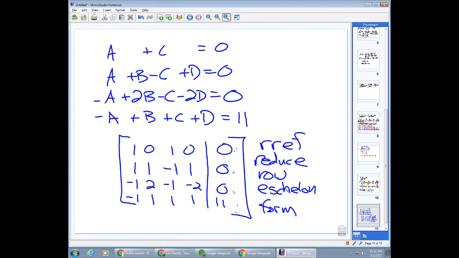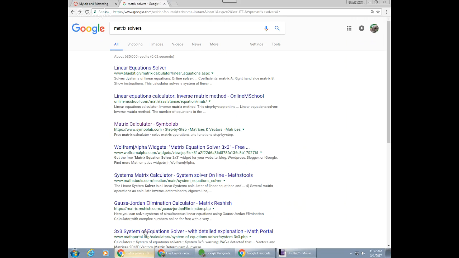And then you would type all of these numbers into A. And then after you do that, you save it, you go to matrix math, and you say, do RREF on matrix A. And then it'll spit out a new matrix that has the answers we want on the edge. Now, I don't have a TI on me, so I can't do that. That's why I'm trying to find an online matrix calculator.